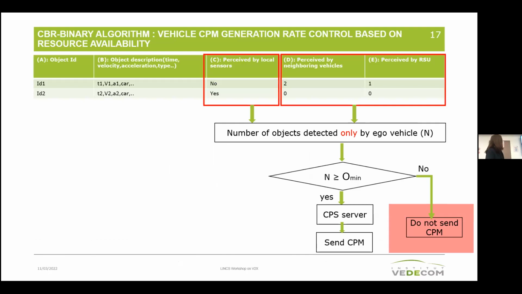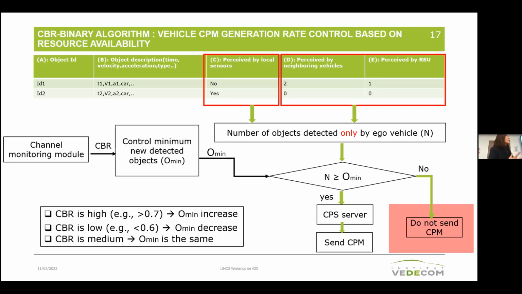CBR binary, like I said, considers only the channel situation. It looks at how many objects have been detected only by me. If this number of objects exceeds a certain threshold, I will send a CPM. If not, I will not send a CPM. This threshold is obviously based on CBR.